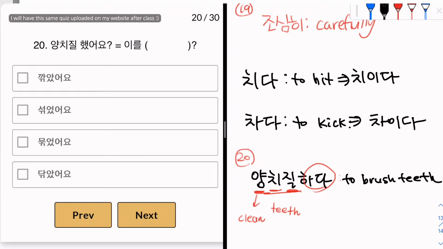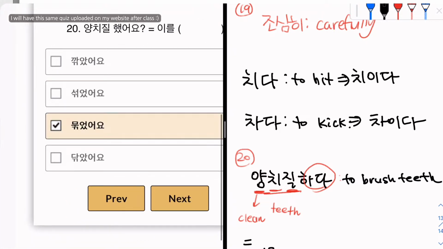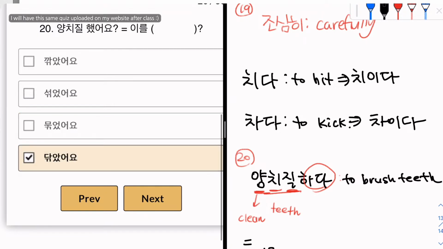And its synonym would be 이를 blank. So 이 also means teeth, right? 이 also means teeth. So 이를, what do you do with your 이? What do you do with your teeth, guys? Do you 깎아요? Do you peel off the skin with your knife? Or do you mix your teeth? Or do you tie your teeth? Or do you brush your teeth?